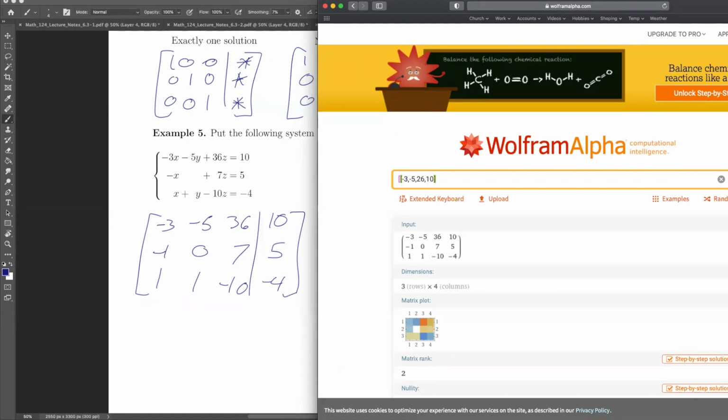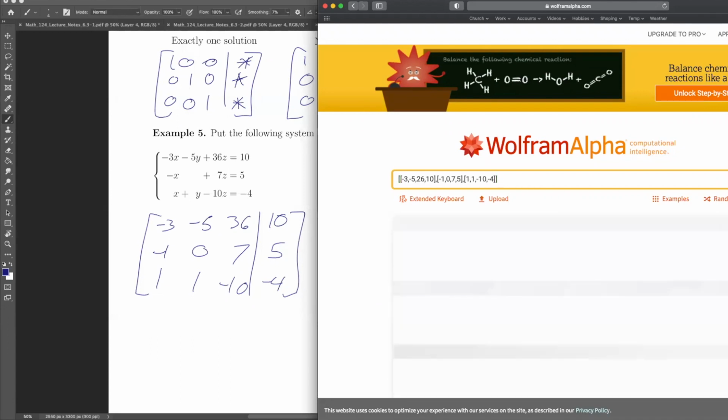Then you close the row, hit a comma, and open a new row: -1, comma, 0, comma, 7, comma, 5. Close the bracket, comma, open the bracket, 1, comma, 1, comma, -10, comma, -4, close the bracket, and then close the bracket to close the matrix. When you're done with all your rows, just hit enter. Make sure you typed it in right.